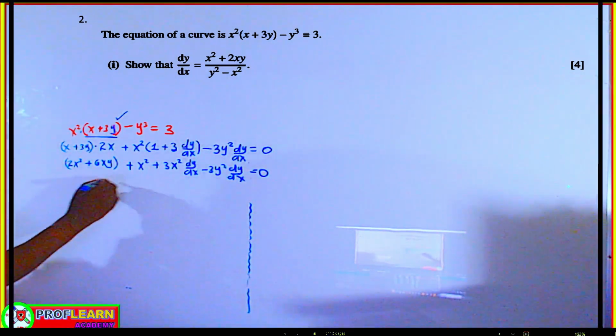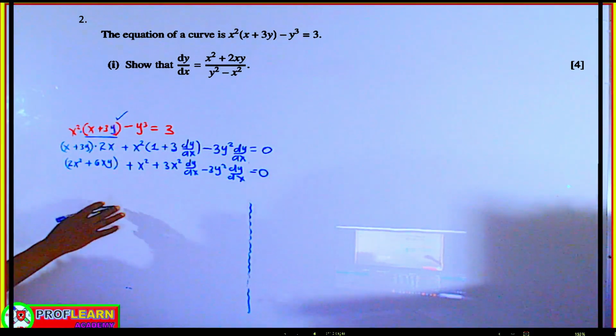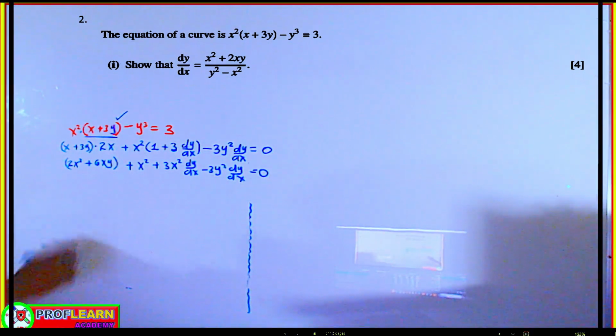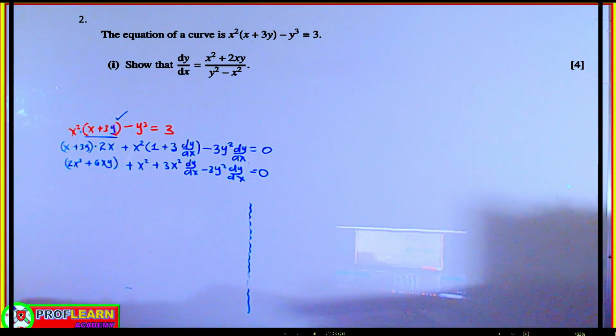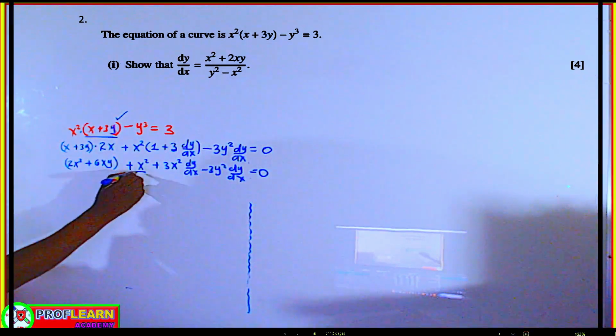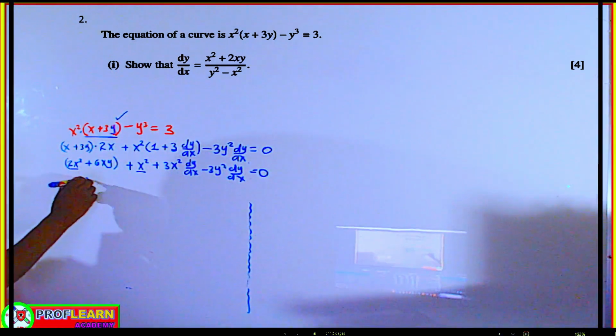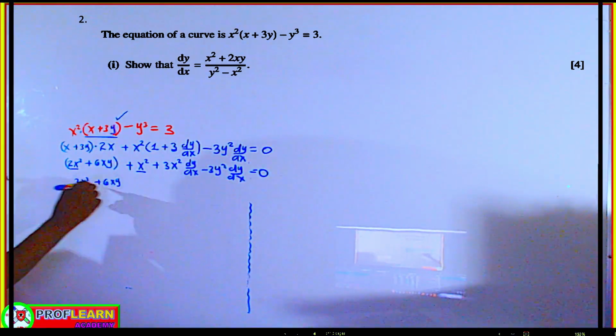Now I can decide to take those terms which have x to the other side of the equal sign. So I also have this term, which is added to this, and this is going to be 3x squared plus 6xy.